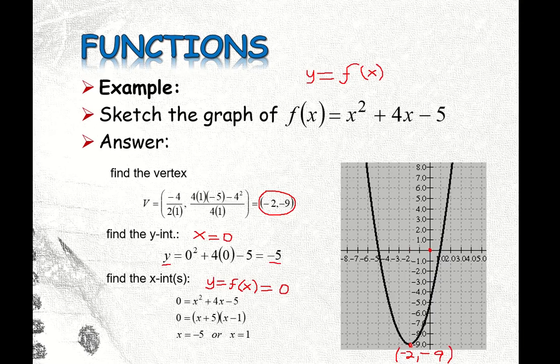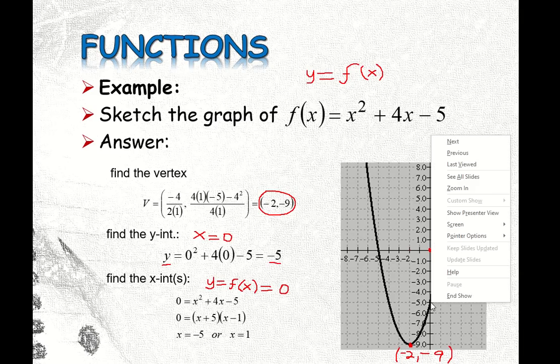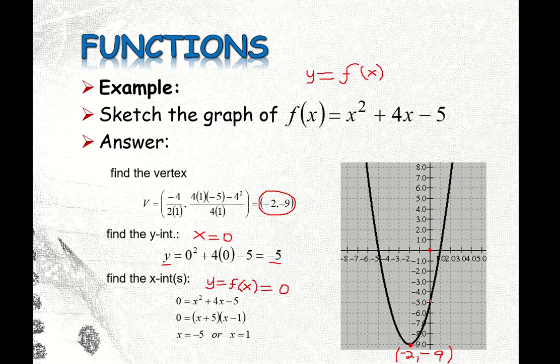So you need the vertex, and then you have to find the intercept. When x equal to 0, y is negative 5. So where is it? x is 0, which is at the origin, then y is negative 5, so you go down 5: 1, 2, 3, 4, 5. So it means at this point here.